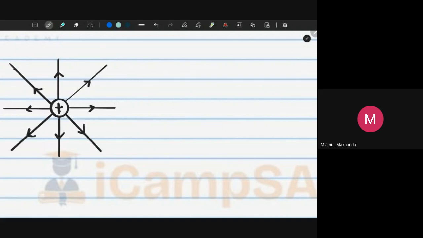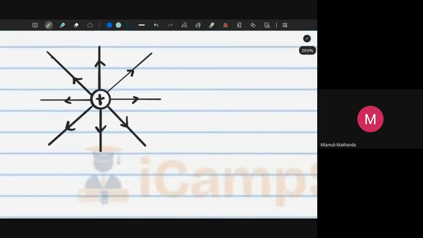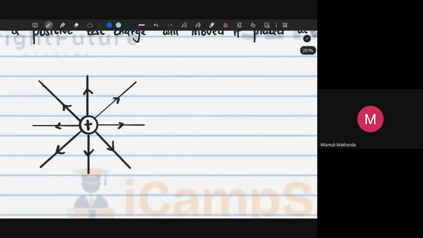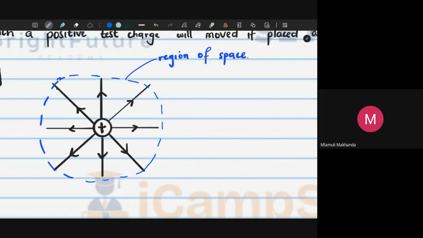However, for a negatively charged one, they are pointing towards. But for this example, in this region of space, say this is our region of space, it's basically to the ends of the field lines.